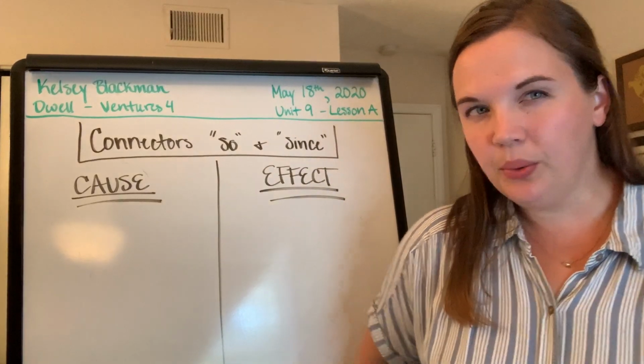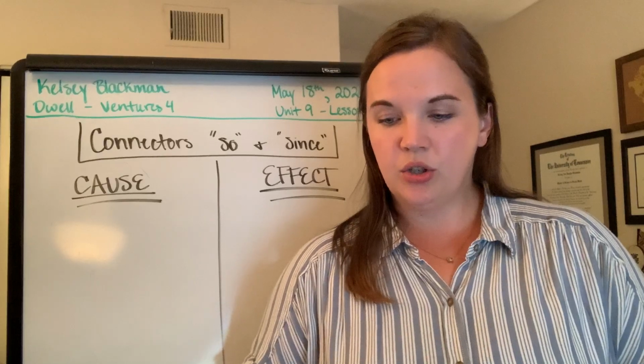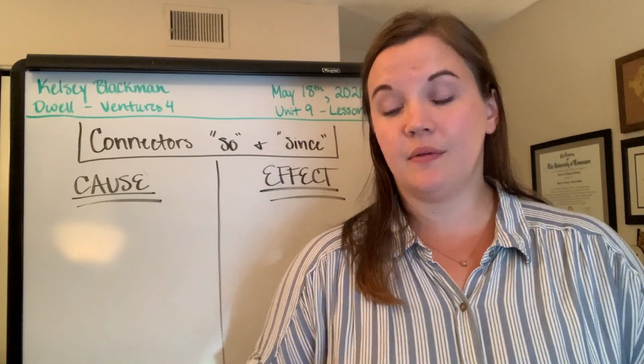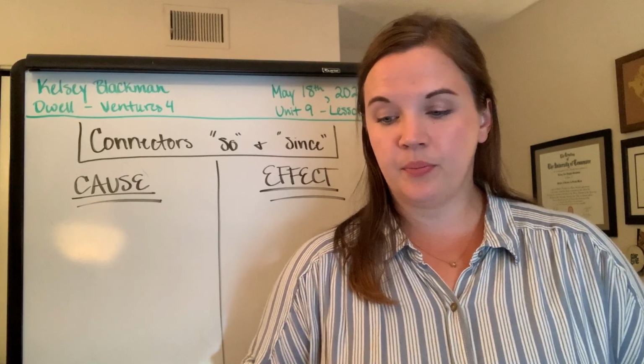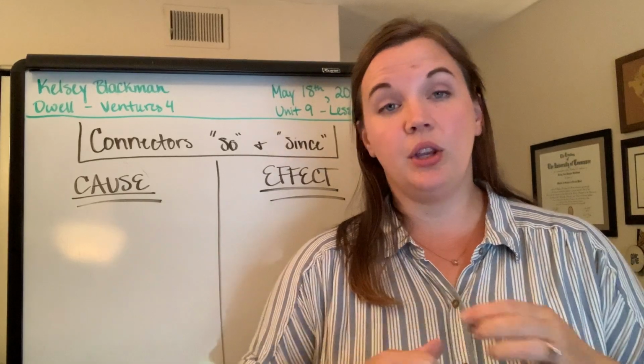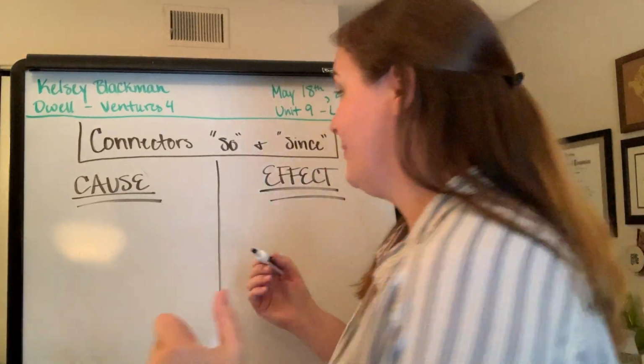All right, so what do you do? I have a question for you. What do you do to learn more English words and grammar? What do you do? One thing you can do is when you learn a new word, write it down. Yeah?